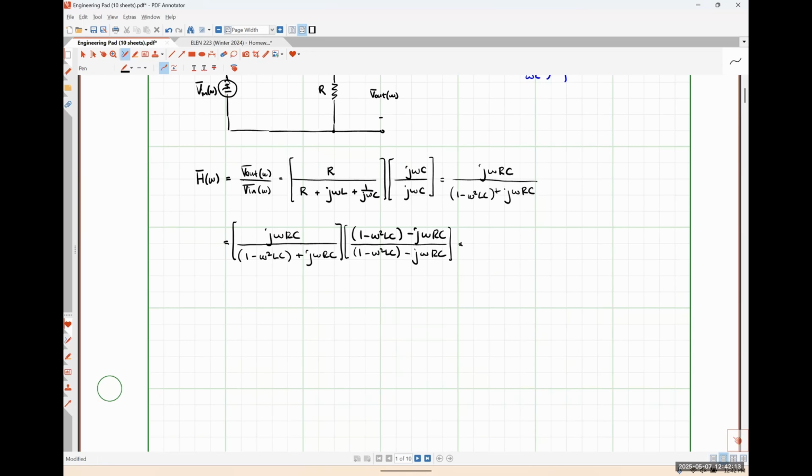Doing this math leaves me with omega RC quantity squared over 1 minus omega squared LC quantity squared plus omega RC quantity squared. That's the real part of my result, plus j times omega RC times 1 minus omega squared LC, all over that same denominator.